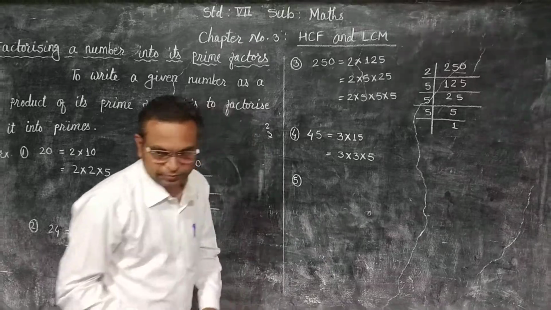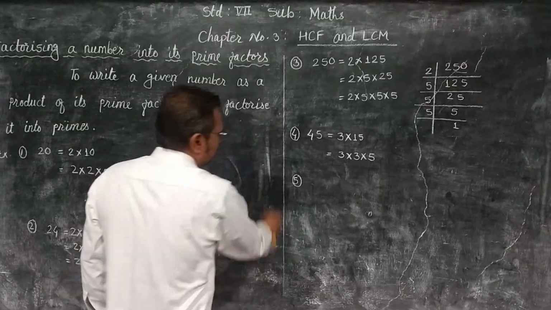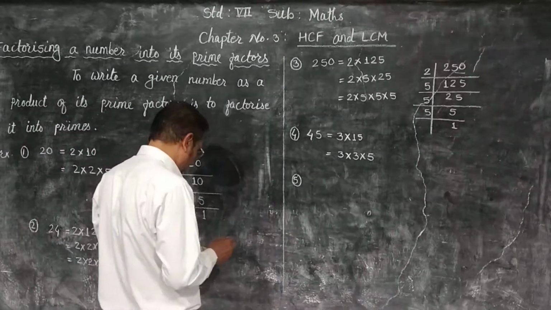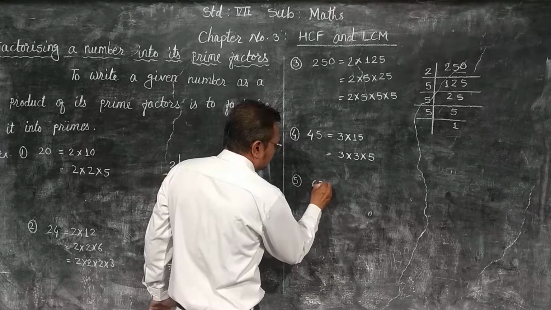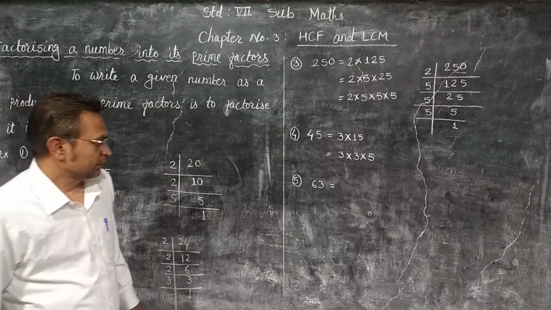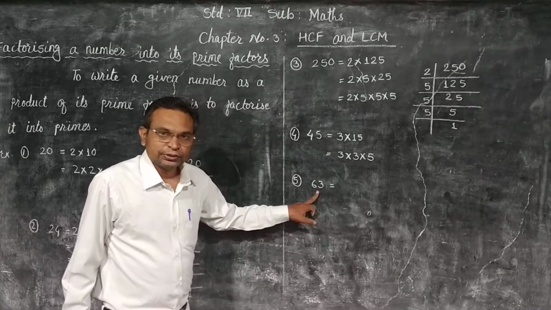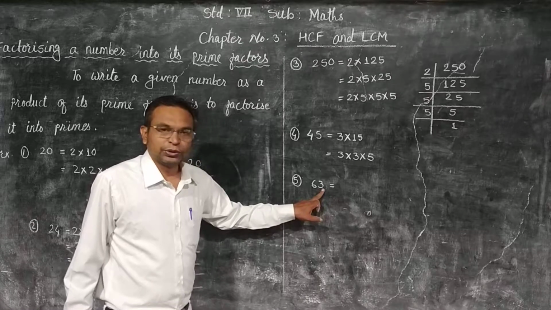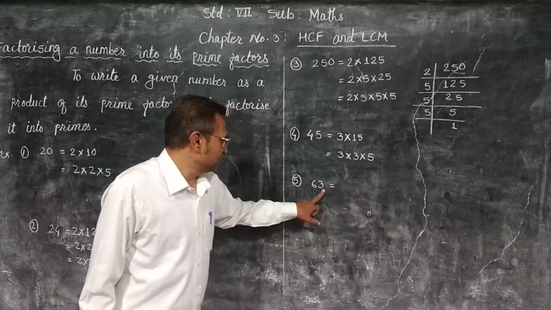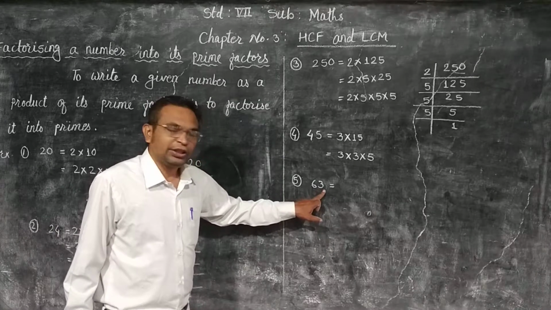Again, are you getting it? Then the next is 63. Is this number divisible by 2? No, because there is no 0, 2, 4, 6 or 8. Then is it divisible by 3? Sum of the digits: 6 plus 3 is 9.